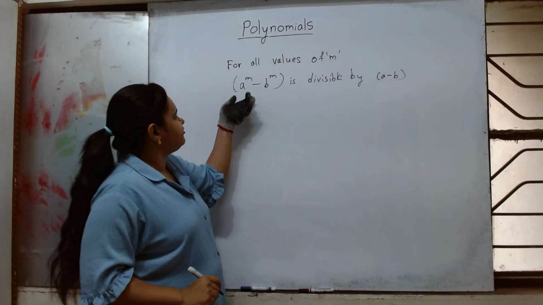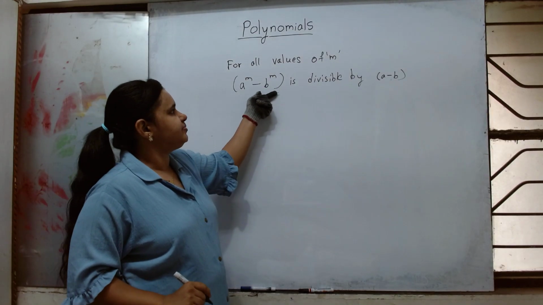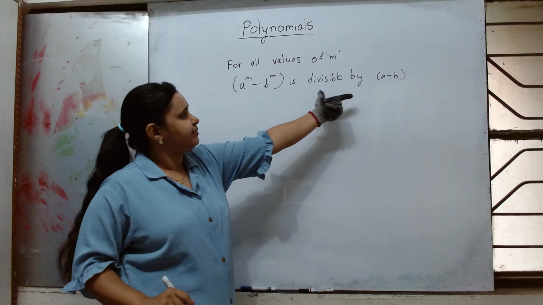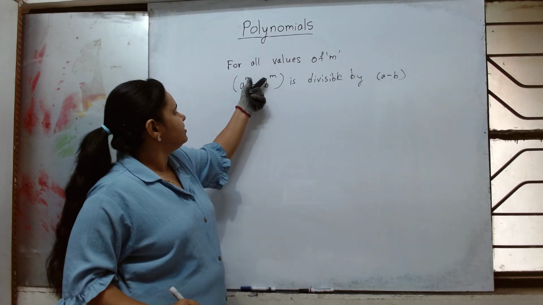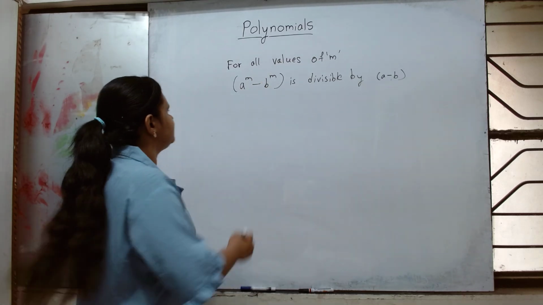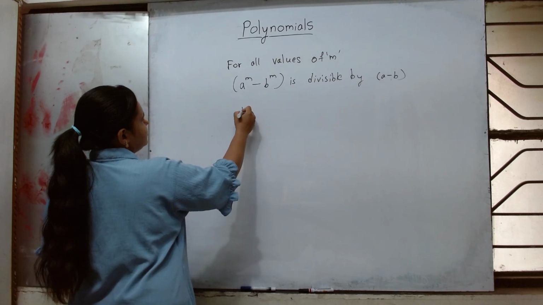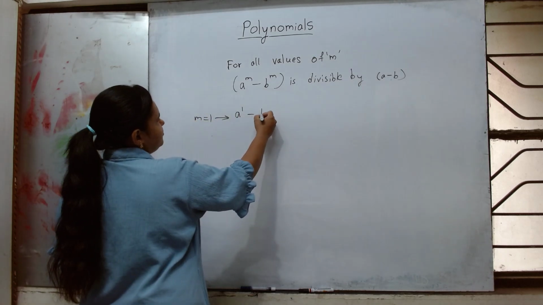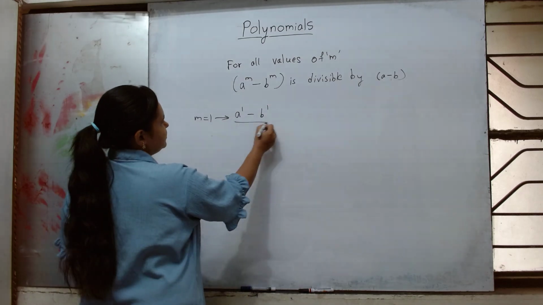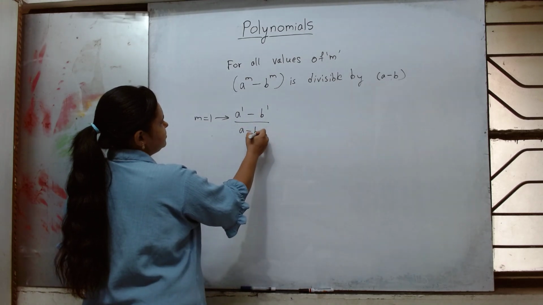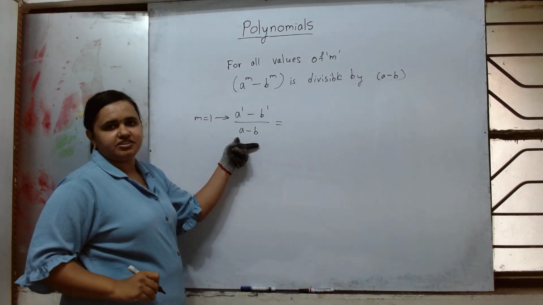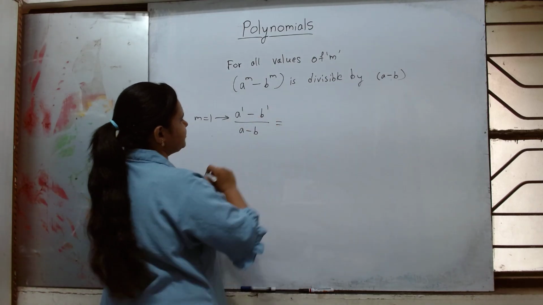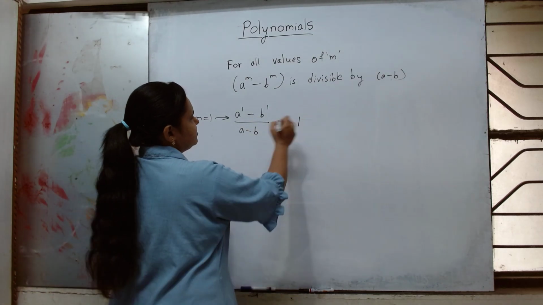We have to check if a to the power m minus b to the power m is divisible by a minus b. Just check for m equals 1: it will be a to the power 1 minus b to the power 1 divided by a minus b. Yes, it is divisible. a minus b divided by a minus b will be 1.